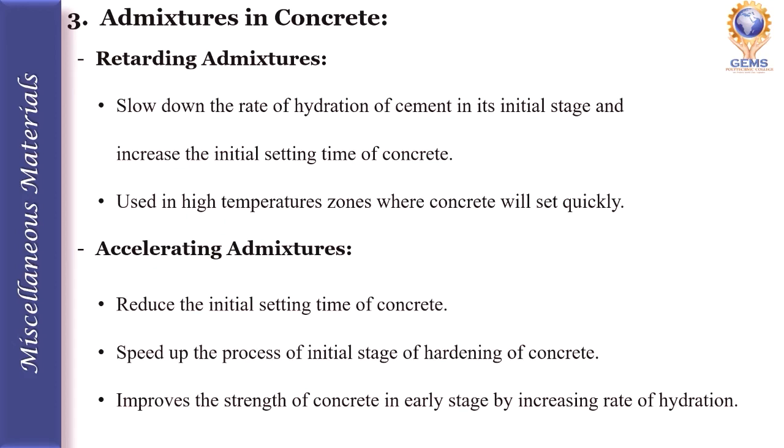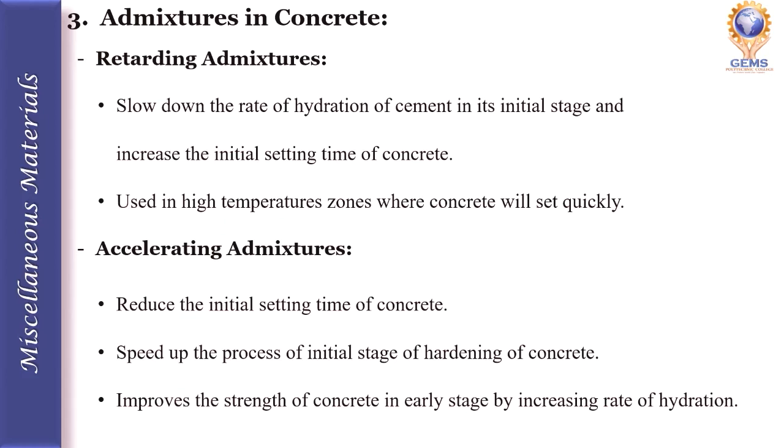Third one is accelerating admixtures. Accelerating admixtures are used to reduce the initial setting time of concrete. That means if your initial setting time of concrete is 30 minutes, these accelerating admixtures will reduce that 30 minutes to 20 or 25 minutes.